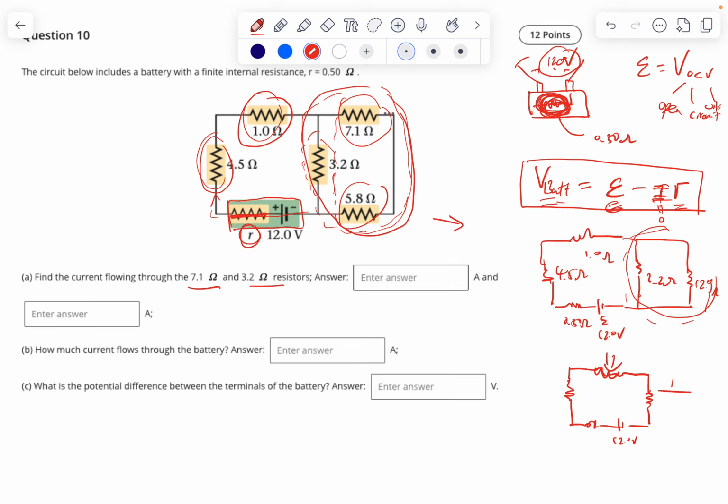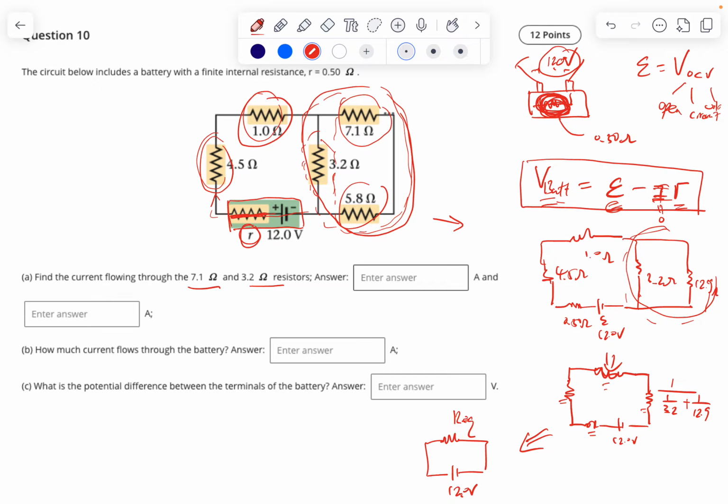So 1 over 3.2 plus 1 over 12.9. Okay, and then you see 1, 2, 3, 4 in series, right? So you can eventually turn it into a battery and one resistor, right?